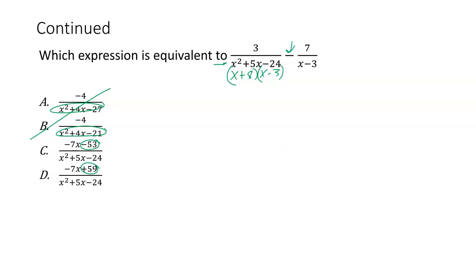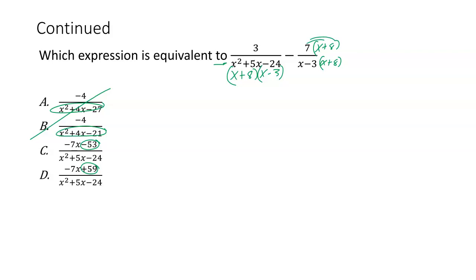All right? So how do I get my second fraction to have the same denominator? You're going to multiply x plus 8 to the top, and then x minus 3. Now I'm going to do it to both top and bottom. This one's already got an x minus 3, so I don't need to do it again. So this is just missing the x plus 8.